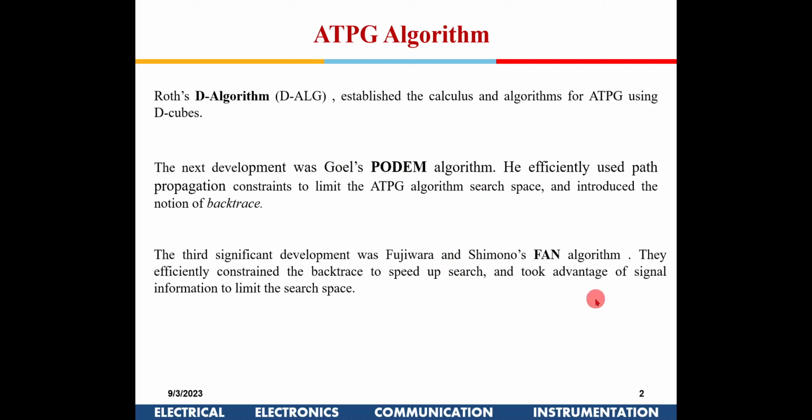But more or less they all work on the same D calculus only, so the basic fundamental remains the same. Some additional things done in PODEM make the algorithm faster, and so does FAN, which makes it even faster.